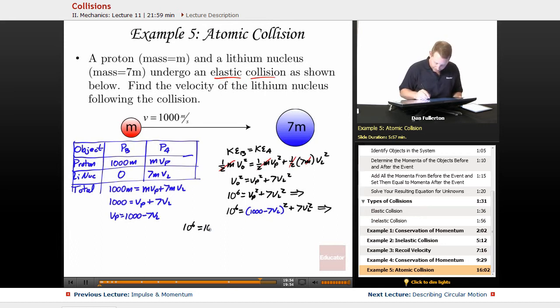That's going to be 10 to the 6th minus 7,000 Vl, minus 7,000 Vl, so that's minus 14,000 Vl plus 49 Vl squared plus our 7 Vl squared, which implies then that 56 Vl squared minus 14,000 Vl is going to equal 0.